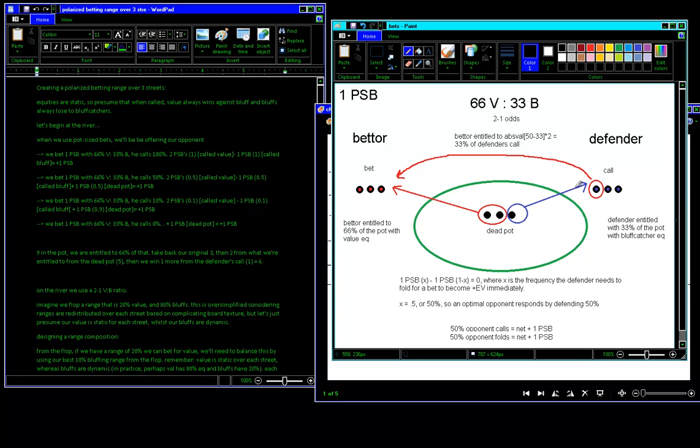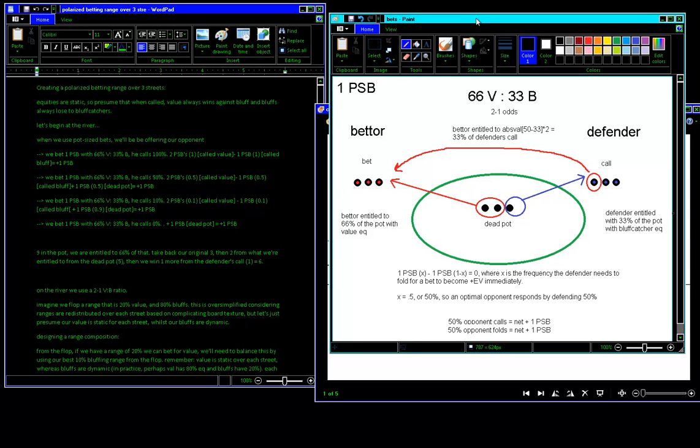Okay, what's important to recognize here is when we're perfectly balanced, we always win the effective pot as a net gain. So 50% of the time our opponent is forced to call, and we're going to net 1 pot.